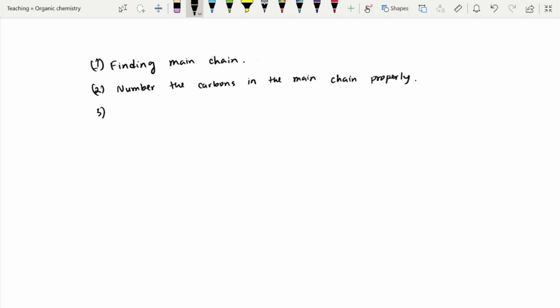The third one is using words like di, tri, tetra, etc. And number 4 is using alphabetical order.